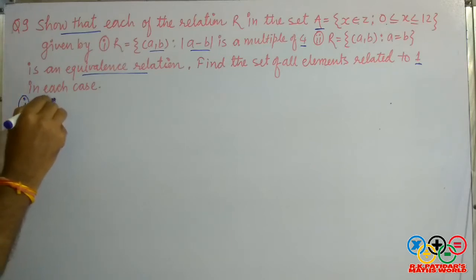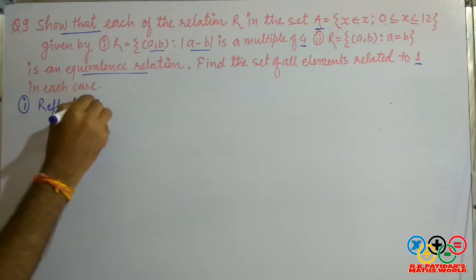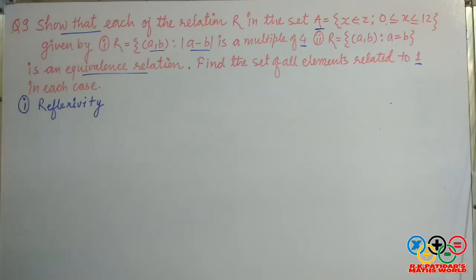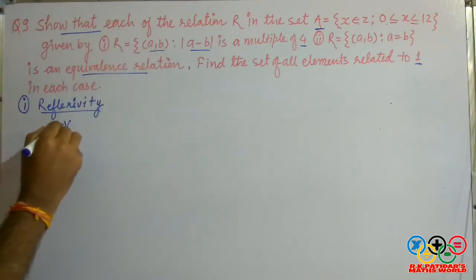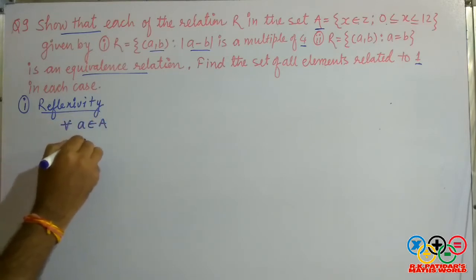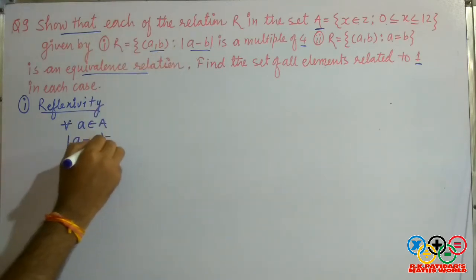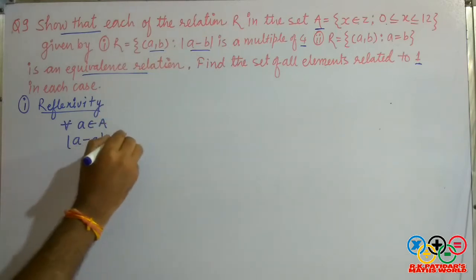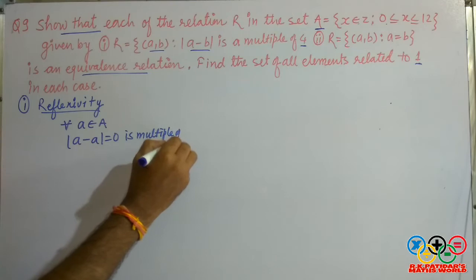So first of all, we will check reflexivity, whether it is reflexive or not. See, for all A belonging to the set, the mod of A minus A is 0, and this is a multiple of 4.